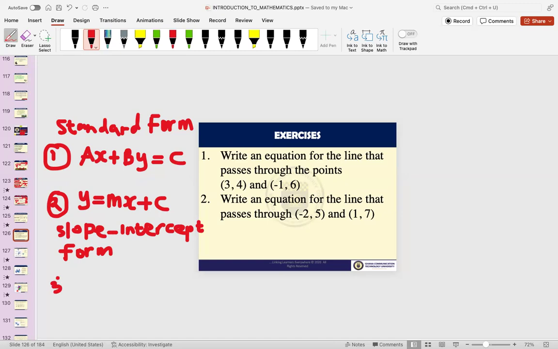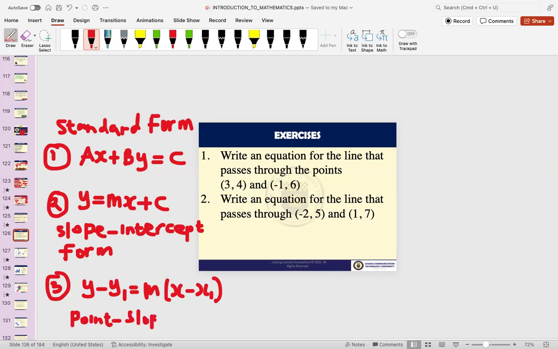And then the third one we wrote today, we said y minus y1 is equal to m into x minus x1, which we named as point slope form.